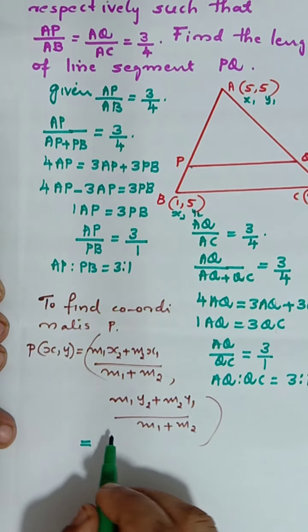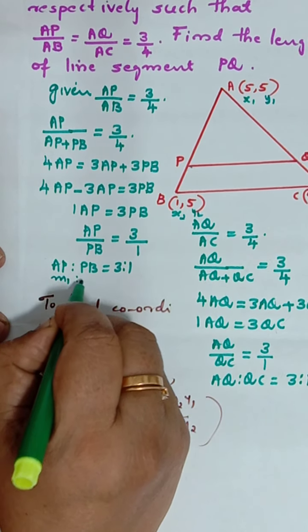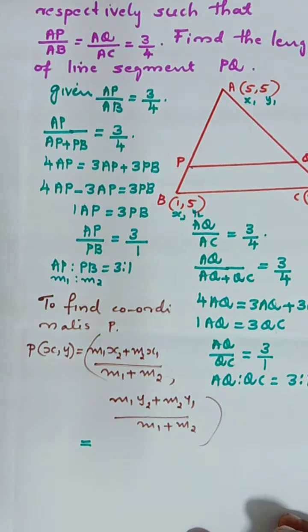Let us substitute. m1 is to m2 equal to 3 is to 1, AP is to PB.